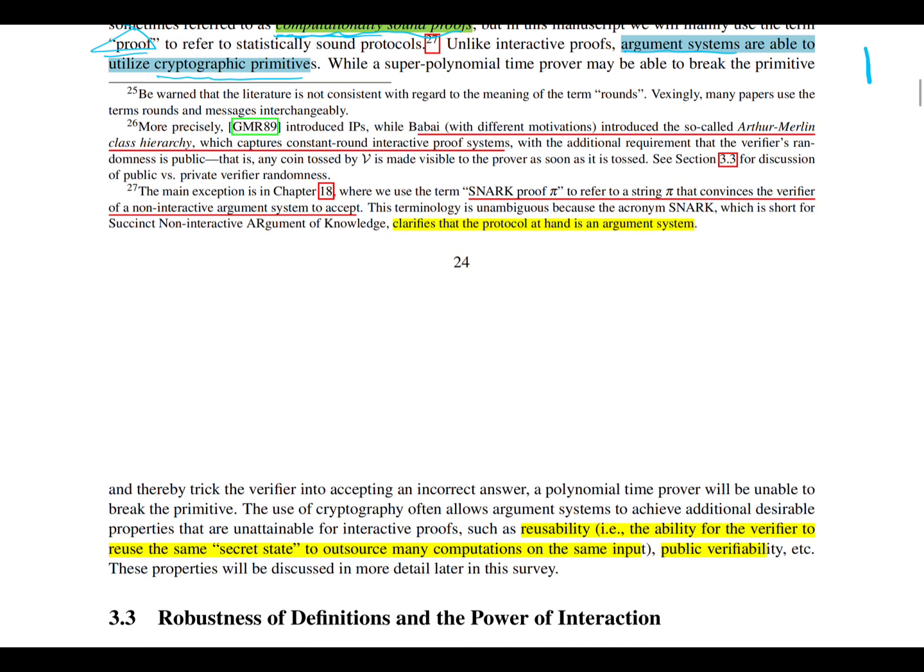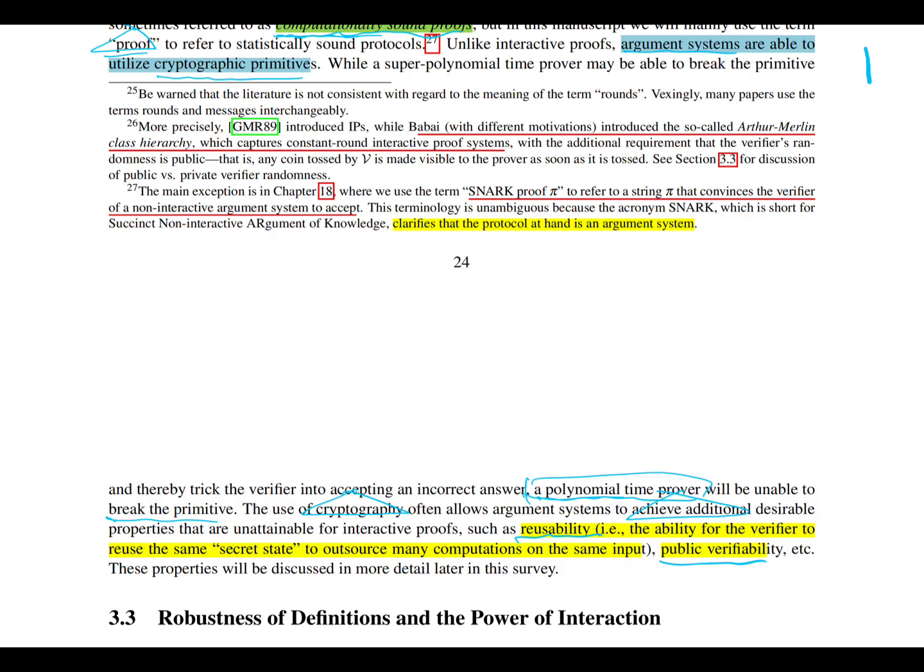A polynomial time prover, though, may be unable to break the cryptographic primitive, and the use of cryptography allows argument systems to achieve additional desirable properties, such as reusability and public verifiability.